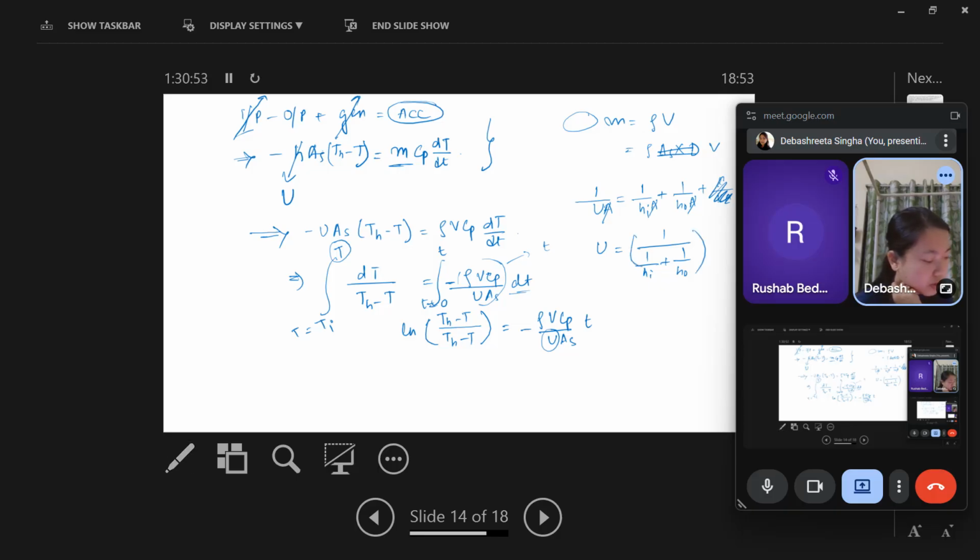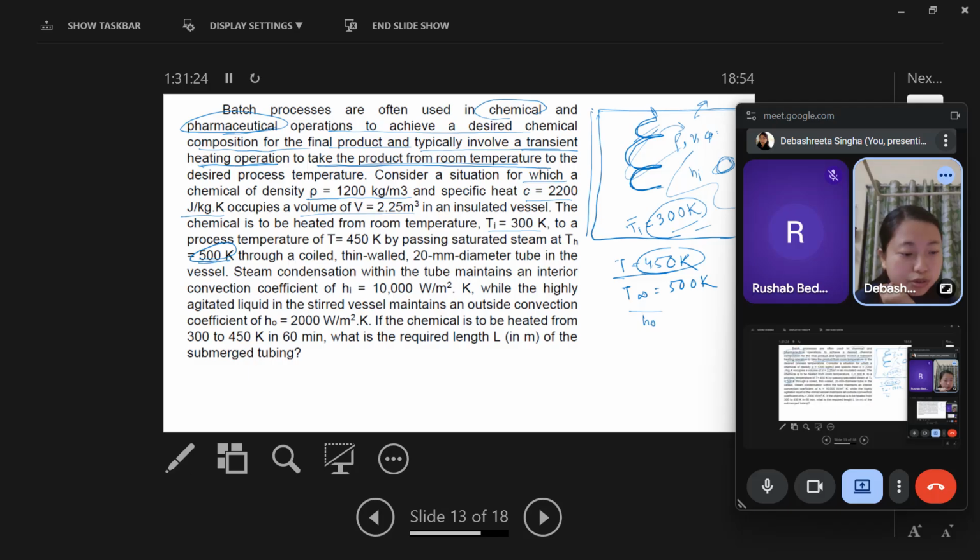like this. So Hi is given, H naught is given, find out the U, and then you can just replace it here. And here also you know everything. Th is the outside, that is 500. T is the final, that is 450.